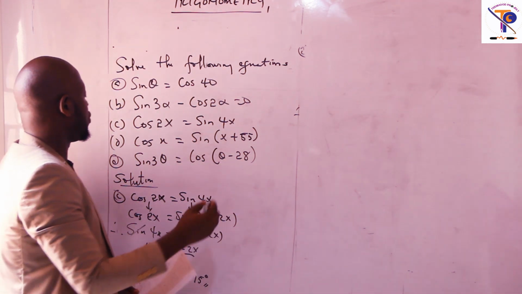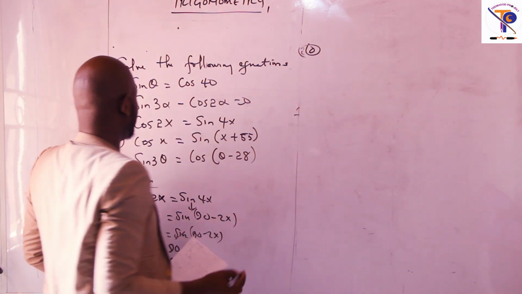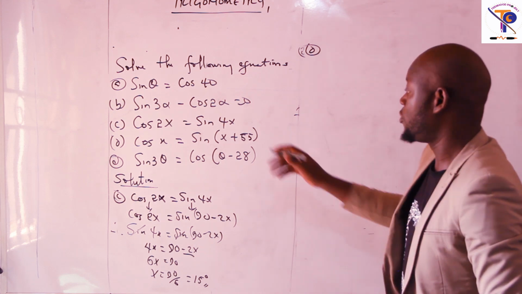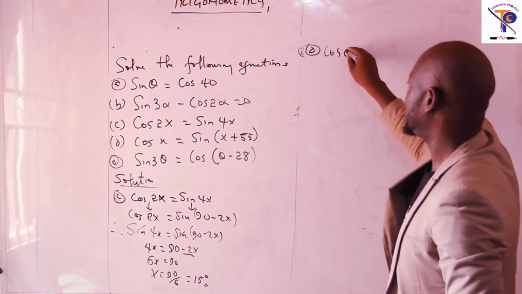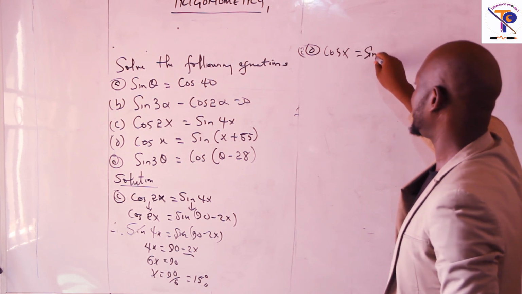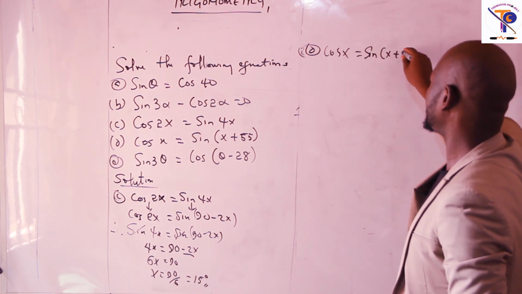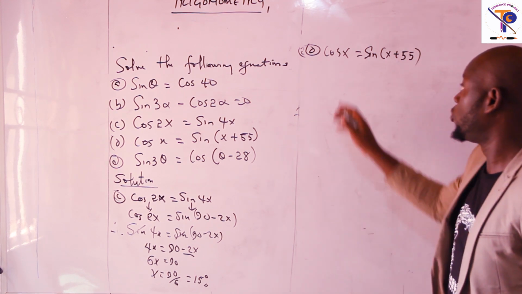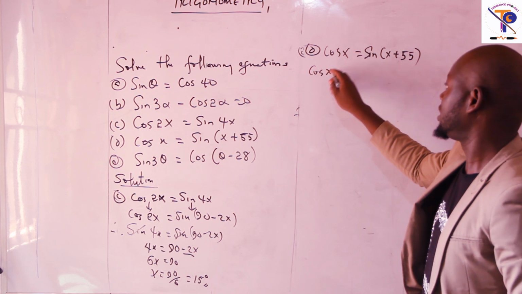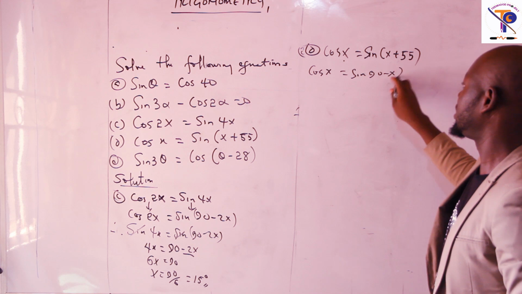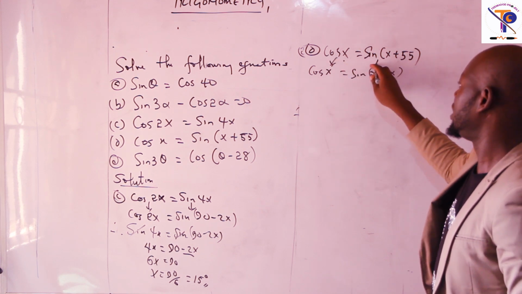So going for the fourth question, we have cos x is equal to sine x plus 55. Looking at this, we already know that cos x will be sine 90 minus x. So if this one is this, then I can relate this.